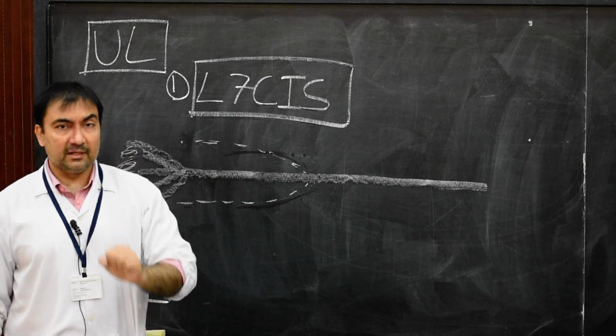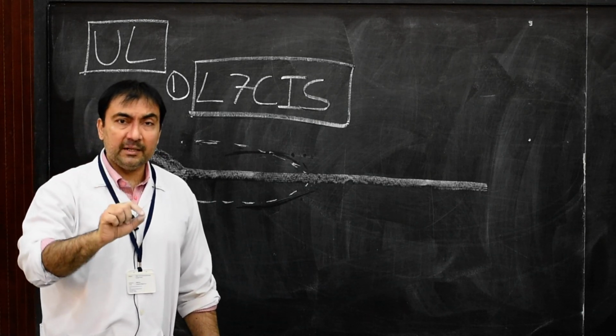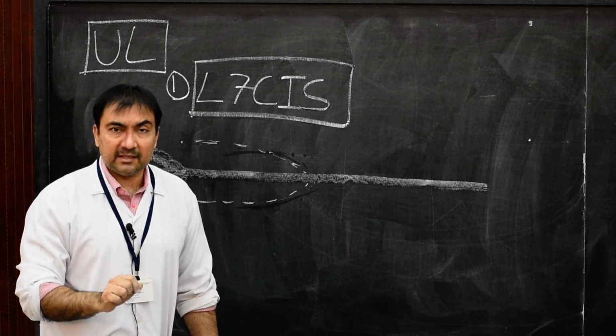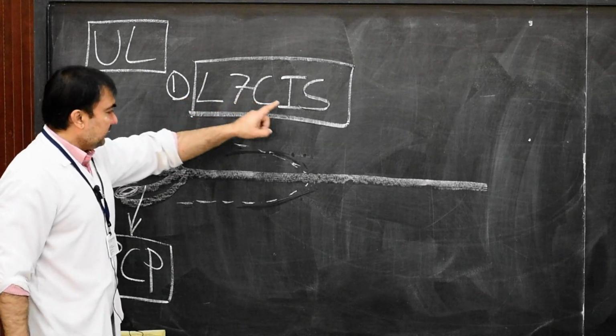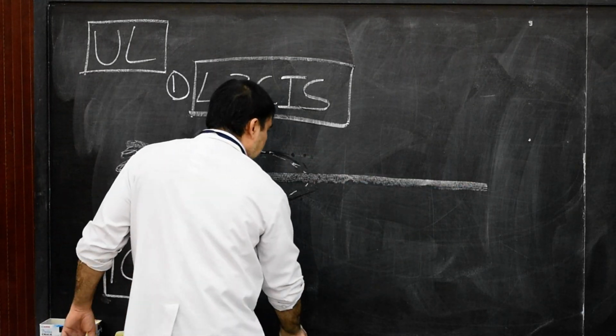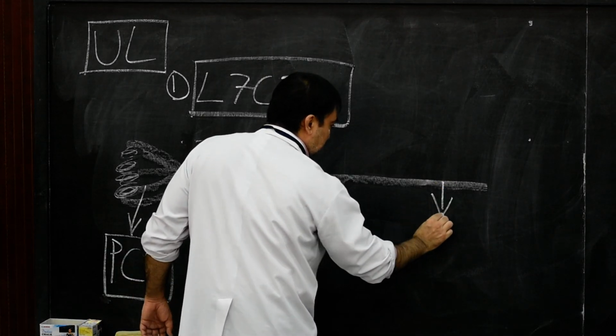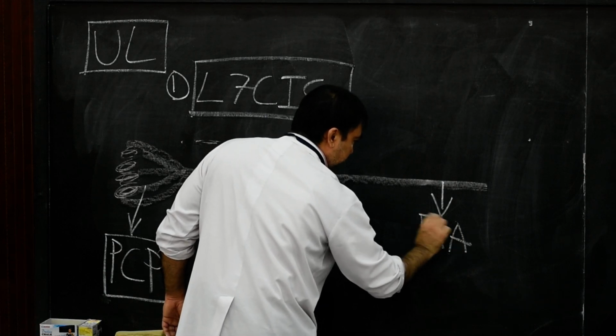in MCQs, etc. The question is: the remnants of the axis artery in the upper limb are. We start with number 1, the 7th cervical intersegmental artery and its remnant. The remnant will be the axillary artery.